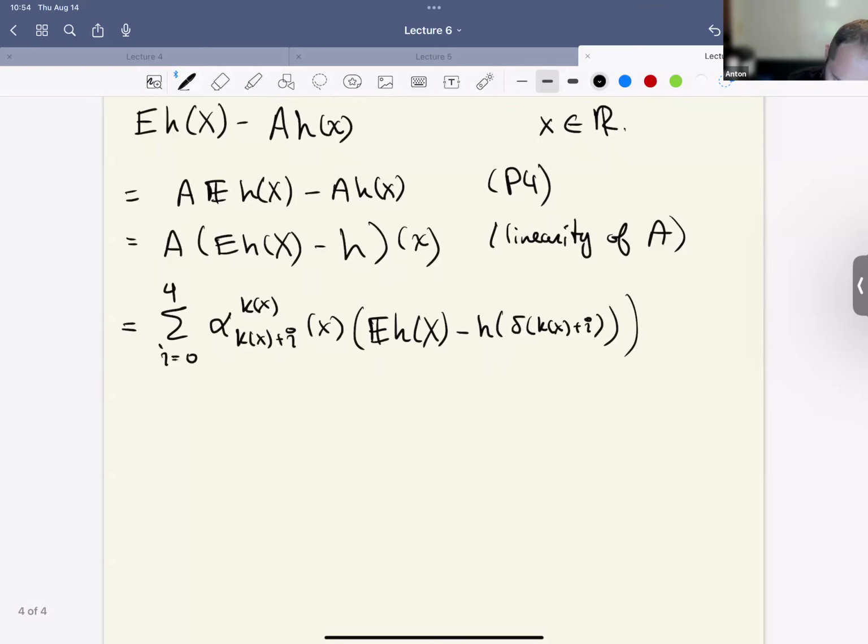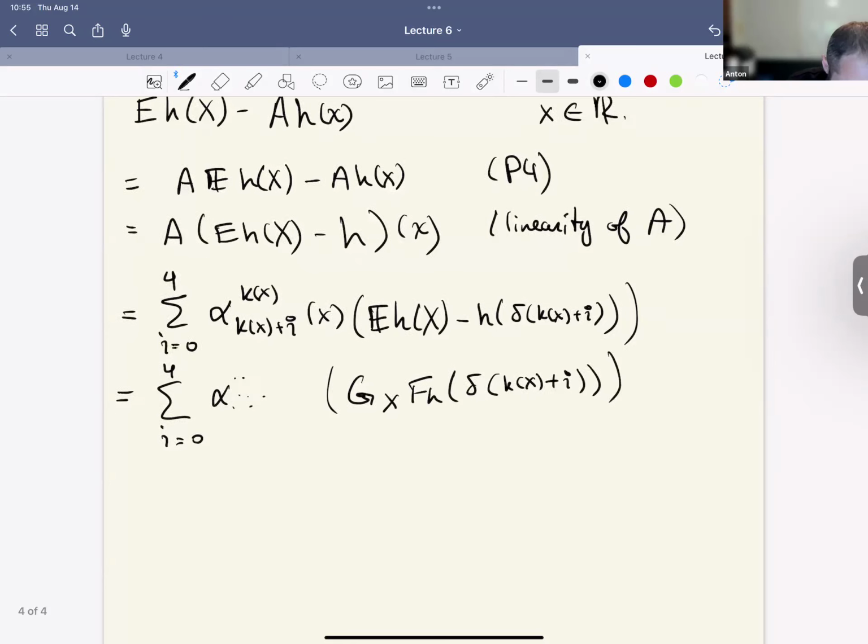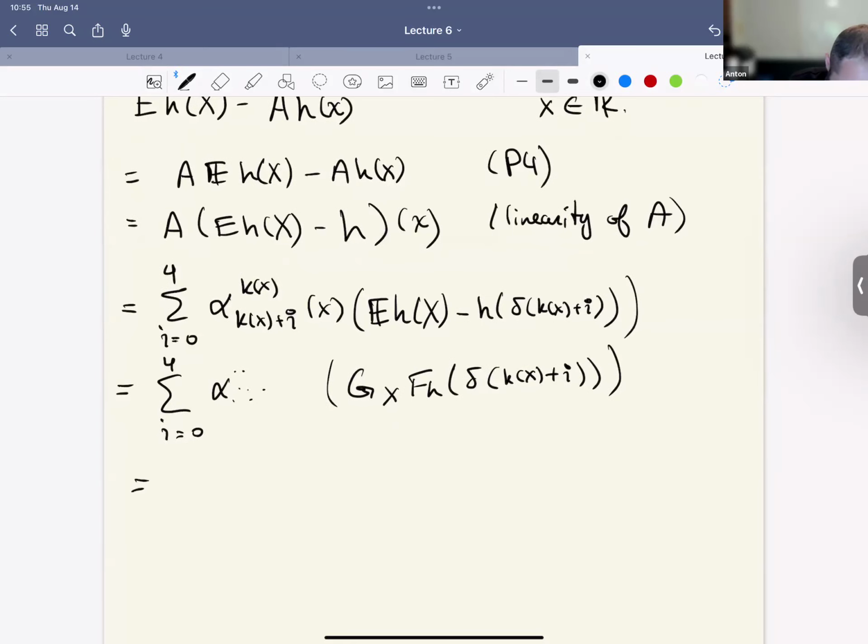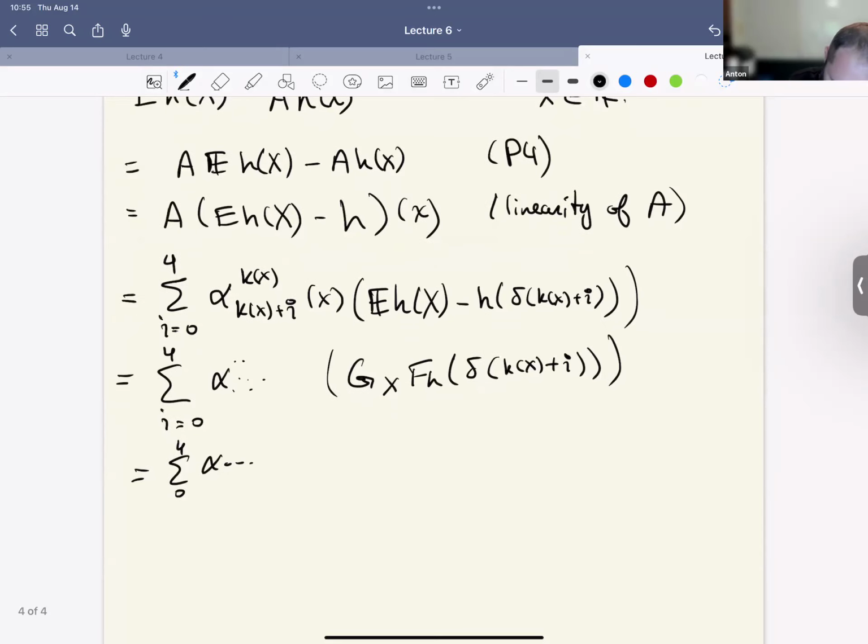All right. This is weighted sum representation. Next, here we're using the Poisson equation. So I'm just going to do alpha dot dot dot for the sake of time. G f sub h of delta k of x plus I. And this is sum from 0 to 4, alpha dot dot dot.